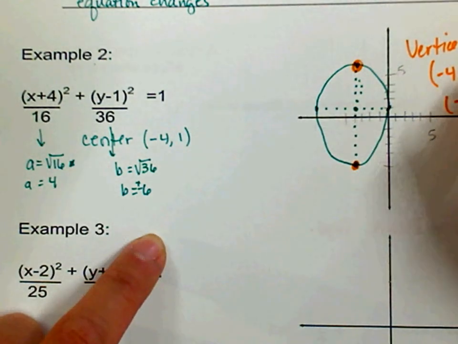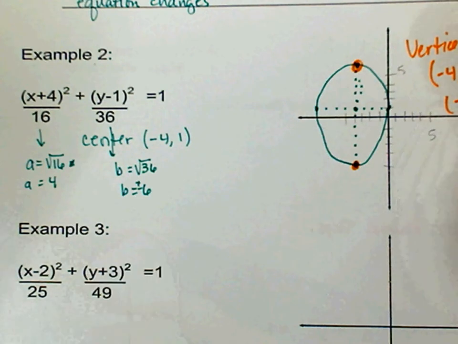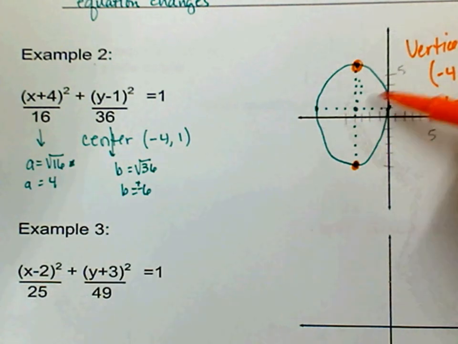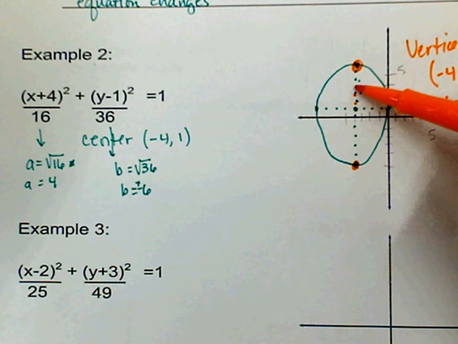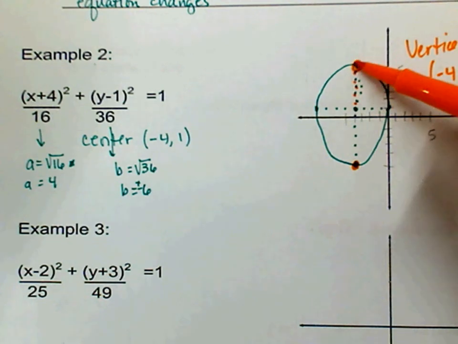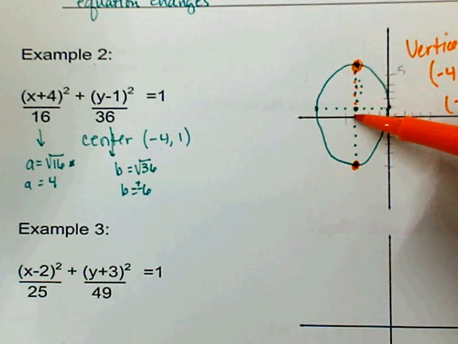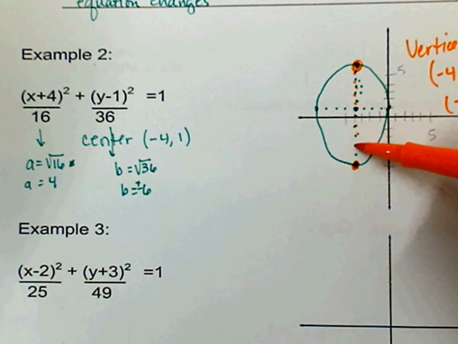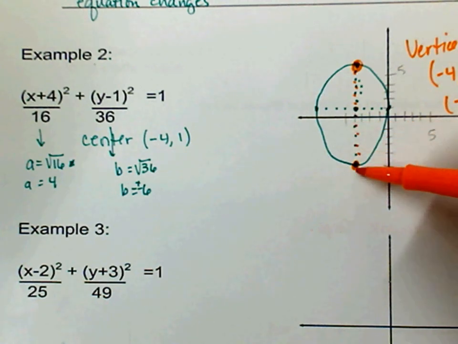Or you can do it this way. Just count. You're at 1, 2, 3, 4, 5, 6, 7. You're at 1, 0, negative 1, negative 2, negative 3, negative 4, negative 5. You can do it like that as well. So there's your vertices.